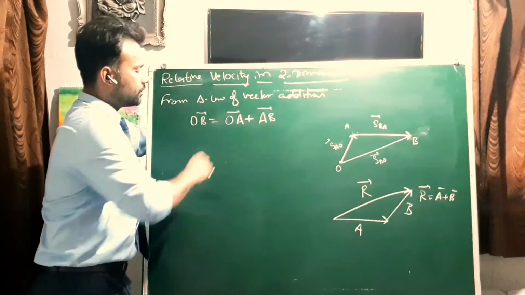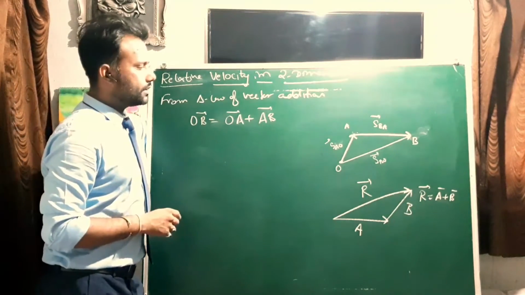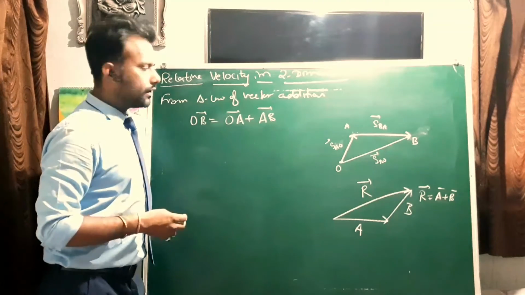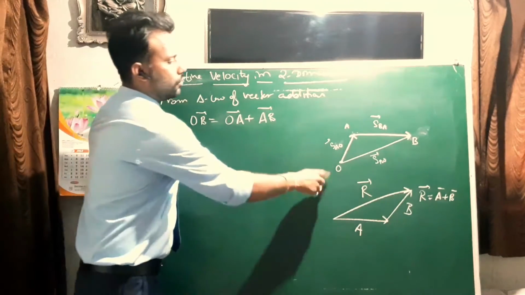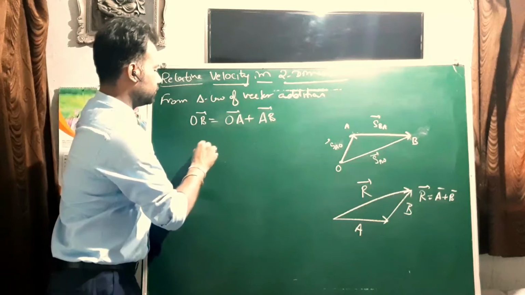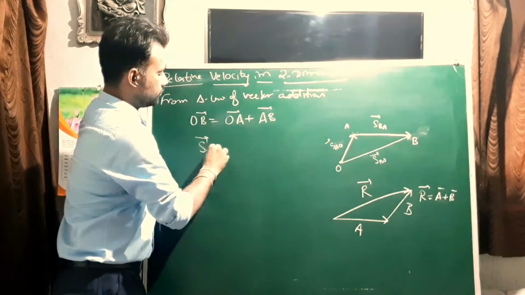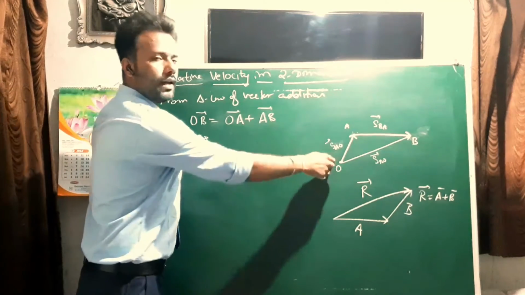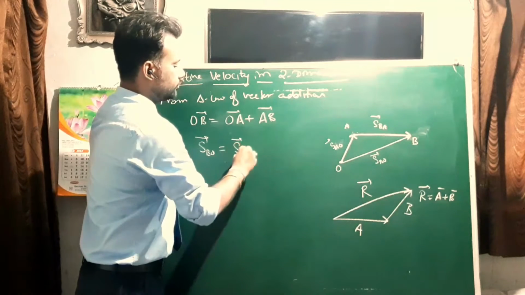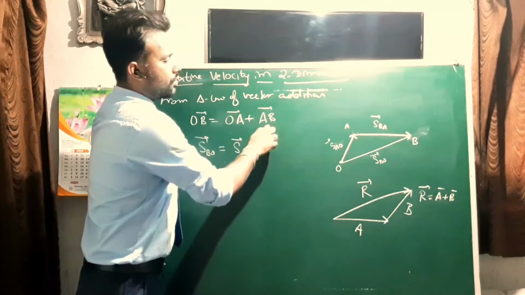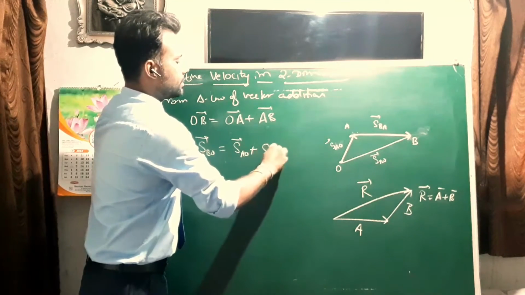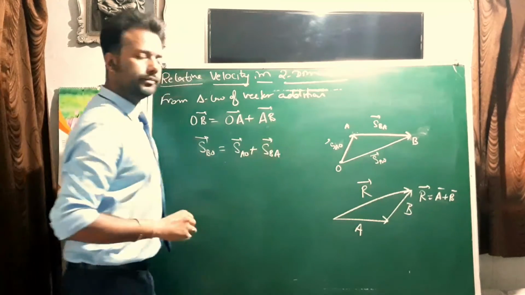So in place of vectors we can replace them with their corresponding quantities. So along OB we have SBO, along OA we have SAO, and along AB we have SBA, right?